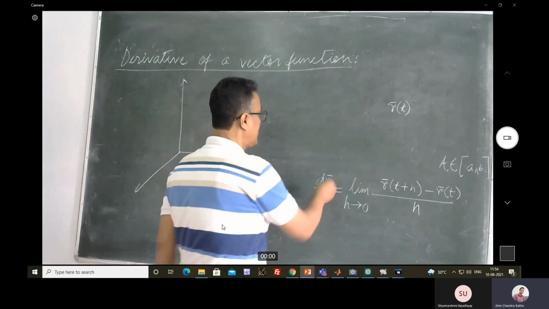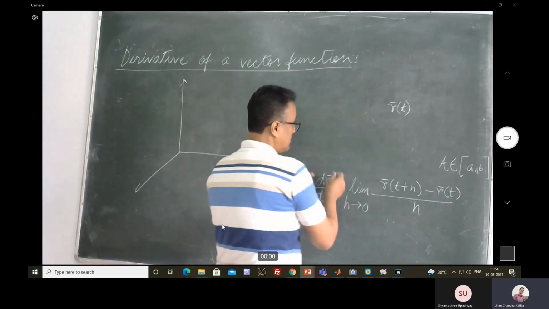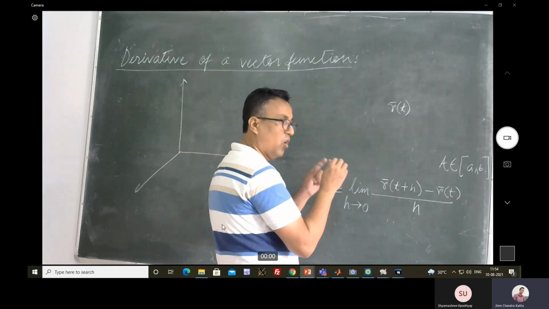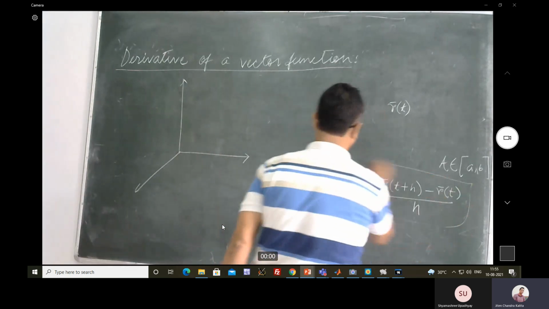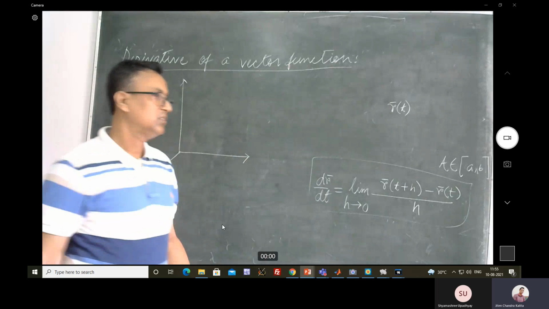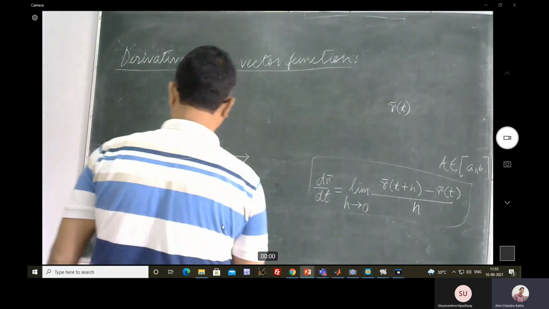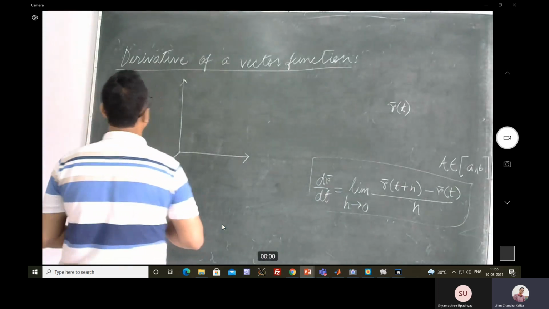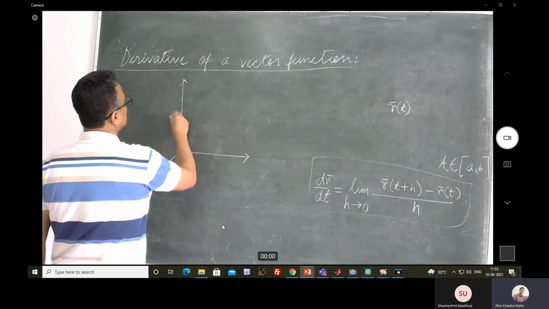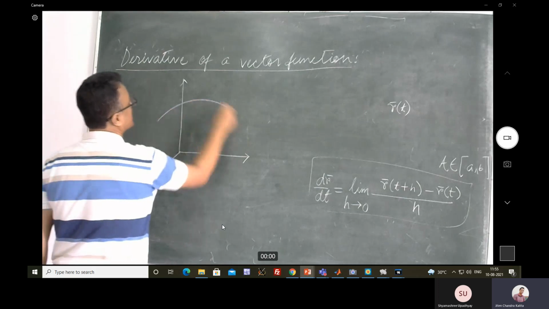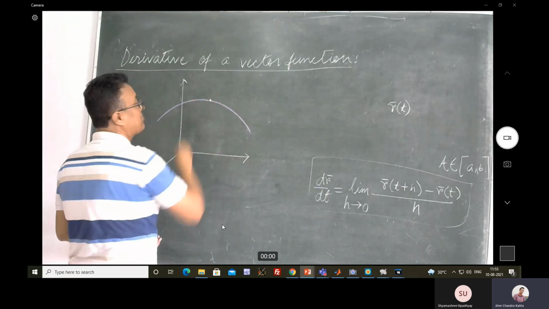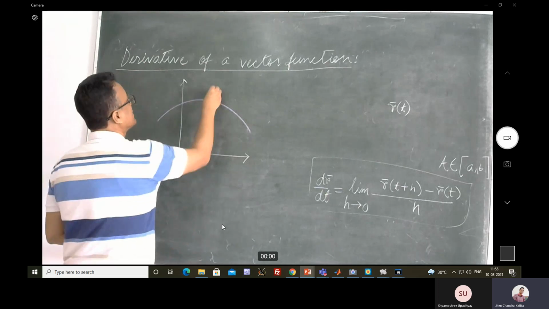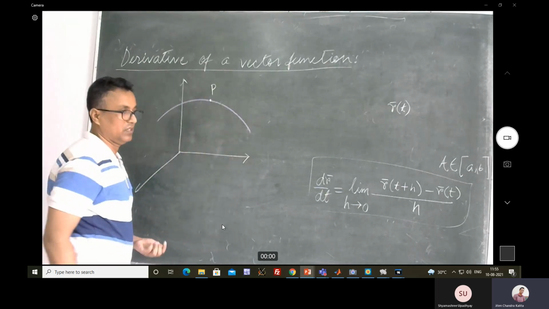Then we say that the derivative of the vector function r exists and it is defined as this. Okay, fine. So how do we interpret it geometrically? Suppose I am considering a space curve like this, and suppose at time t, this is the location of the particle.